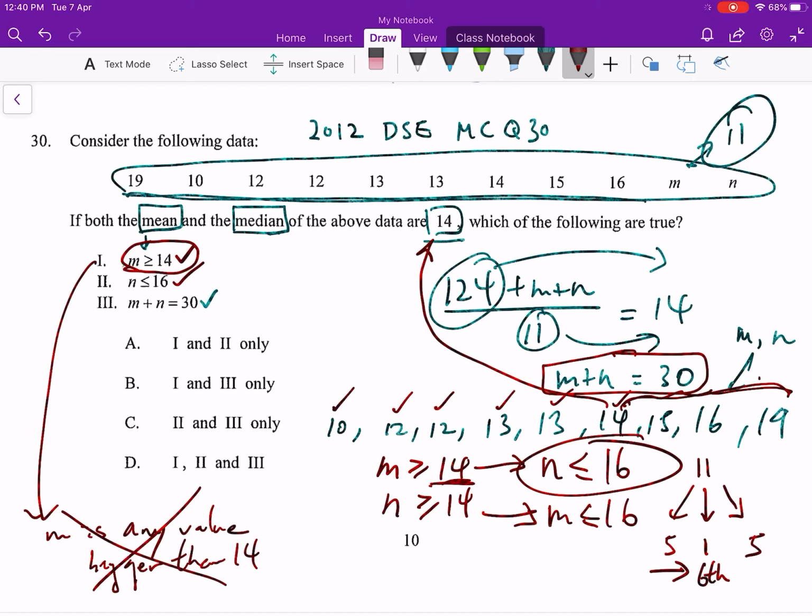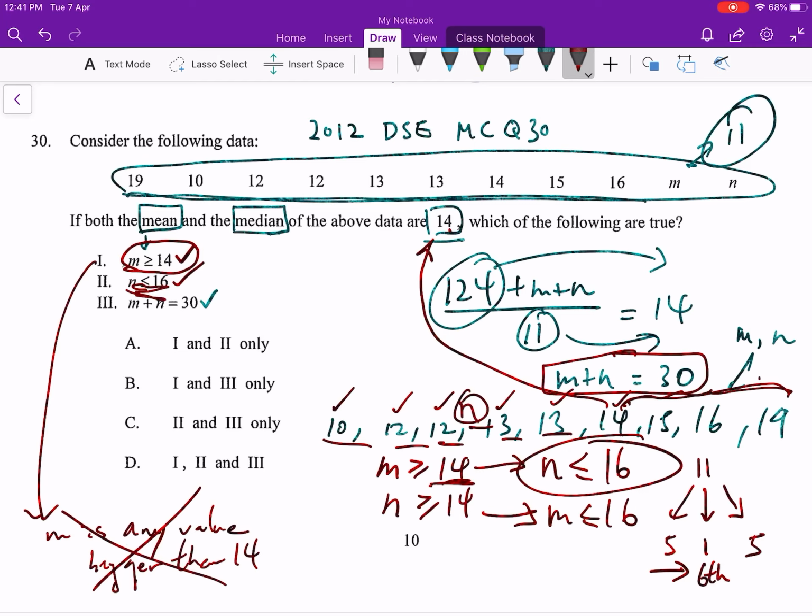It also means that when we do some calculation, n should be one of the numbers that is smaller than or equal to 16. Don't tell me, oh, actually n cannot be 12, right? You just told me that n cannot be put right here, because when we count 1, 2, 3, 4, 5, 6, the median is changed, so n should not be 12. But why do you say n is smaller than or equal to 16?